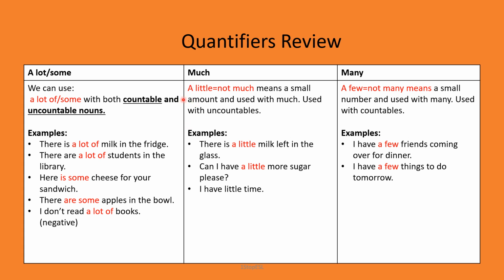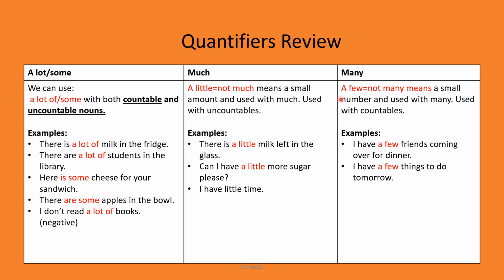Much, we use with a little. Not much means a small amount and is used with much. For example, there is a little milk left in the glass. Can I have a little more sugar, please? I have little time. So these are used with uncountables.